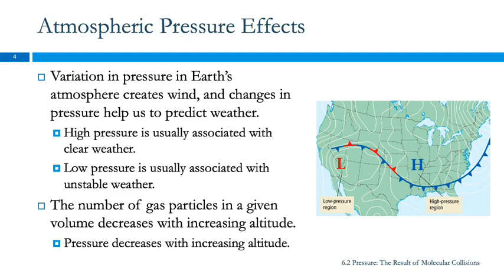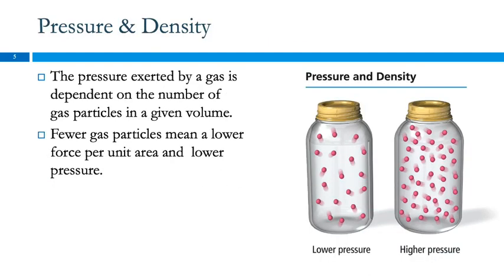So the pressure decreases with increasing altitude, and that pressure is dependent on the number of gas particles in a given volume, or the concentration of the gas. Here we have two, these look like mason jars with gases in them. The mason jars are the same size.